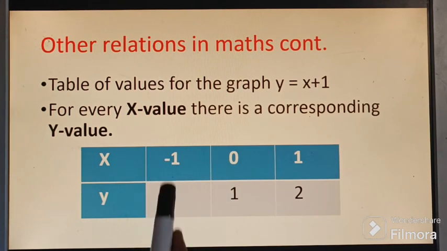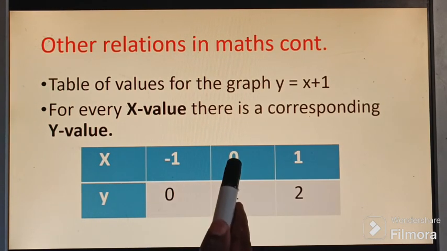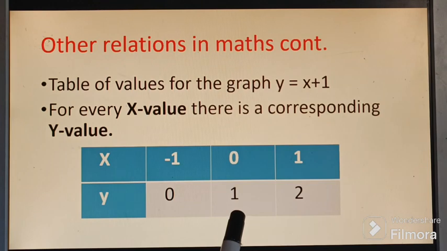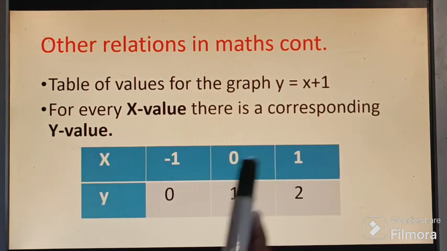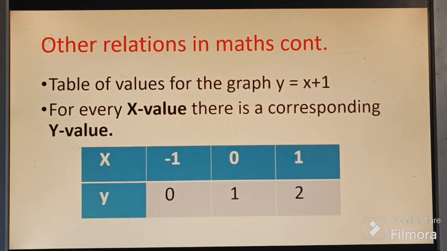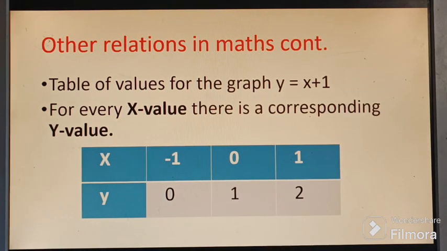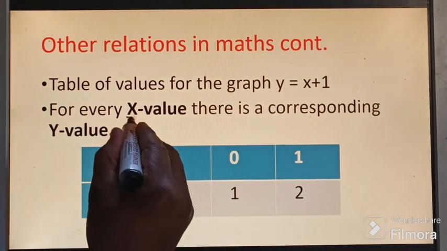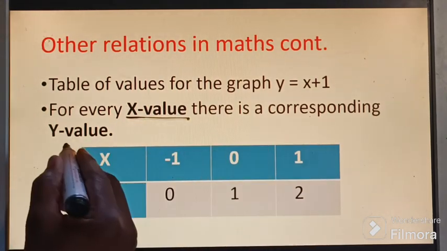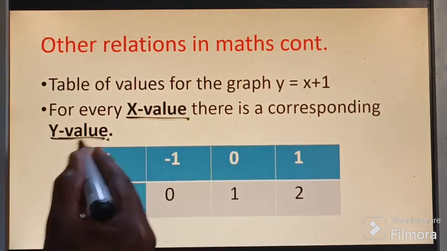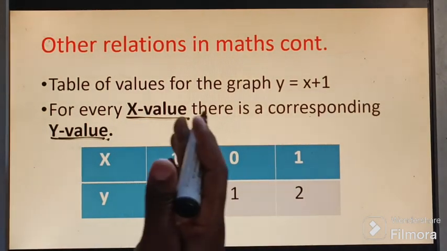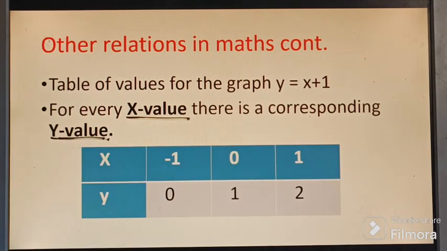When x is -1, y is 0. When x is 0, y is 1. When x is 1, y is 2. So we're saying for every x value, we have a corresponding y value.